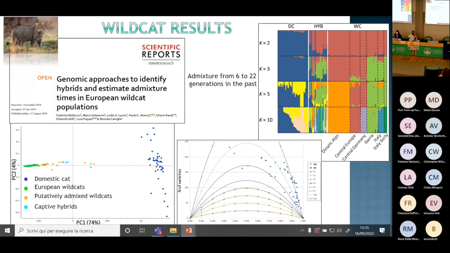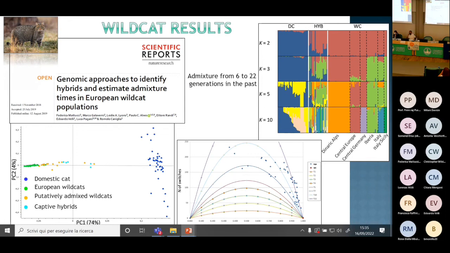In the wildcat case study, traditional multivariate and assignment analysis allowed us to better clarify the overall European wildcat population structure and substructure.